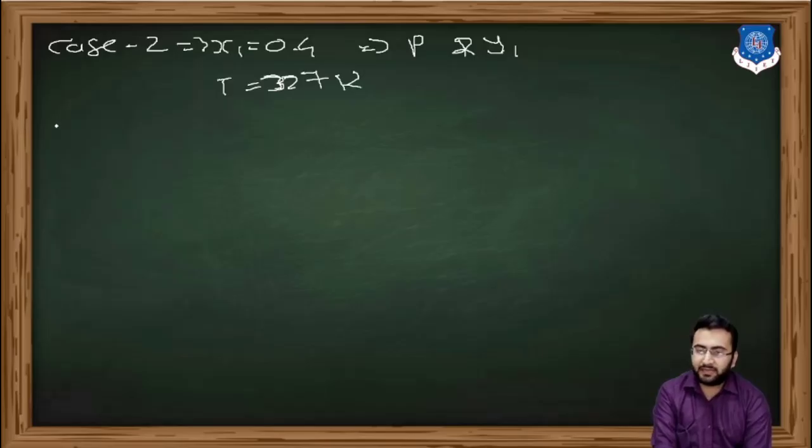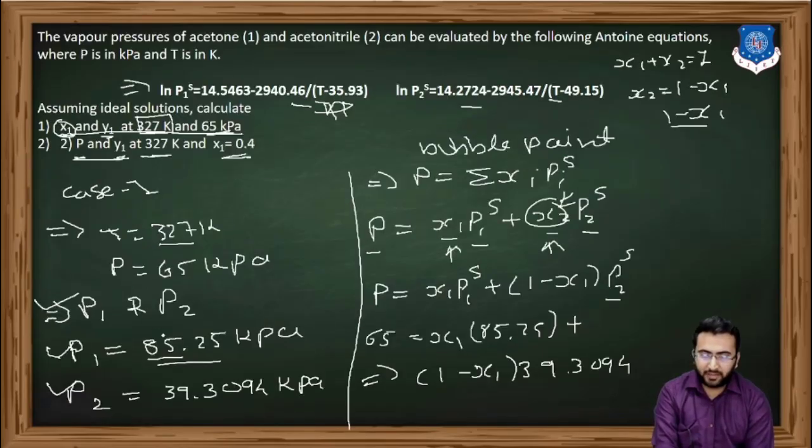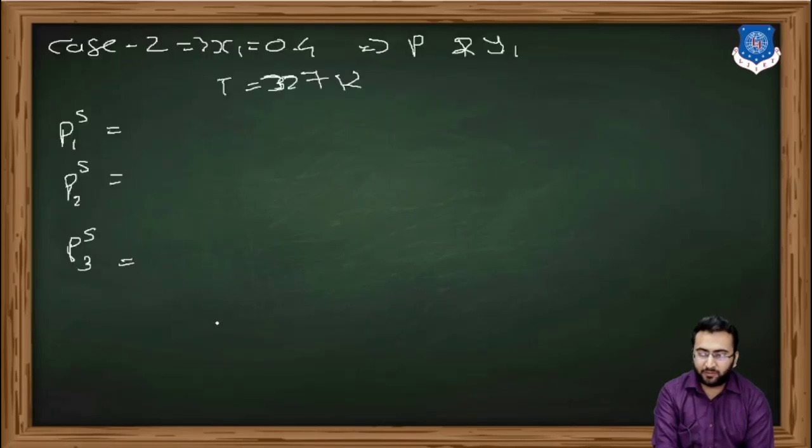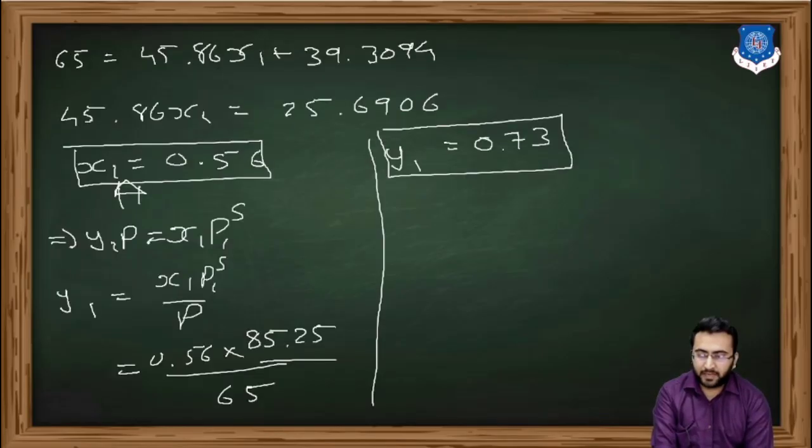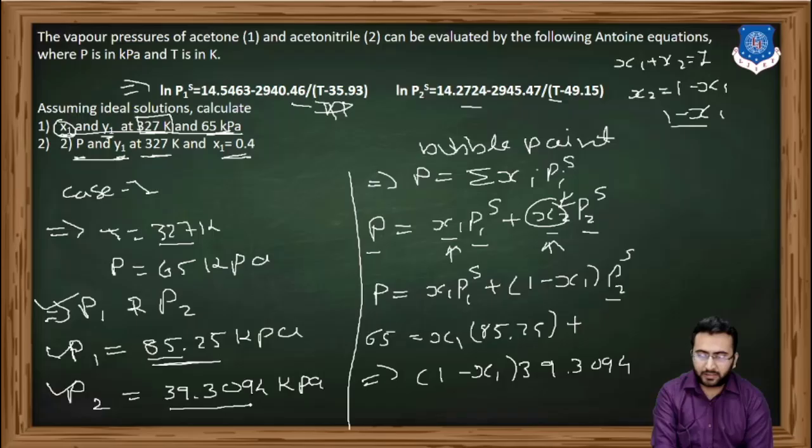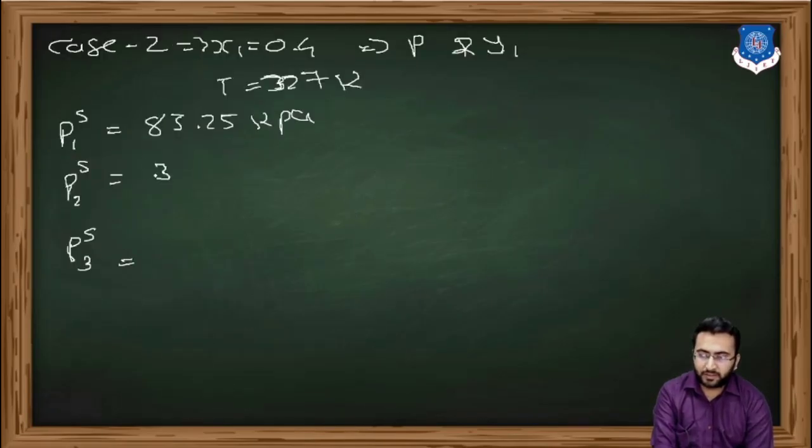So we can directly get the values of P1s and P2s from the previous case. The value of P1s is 85.25 kilopascal, and the value of P2 is 39.3094 kilopascal.